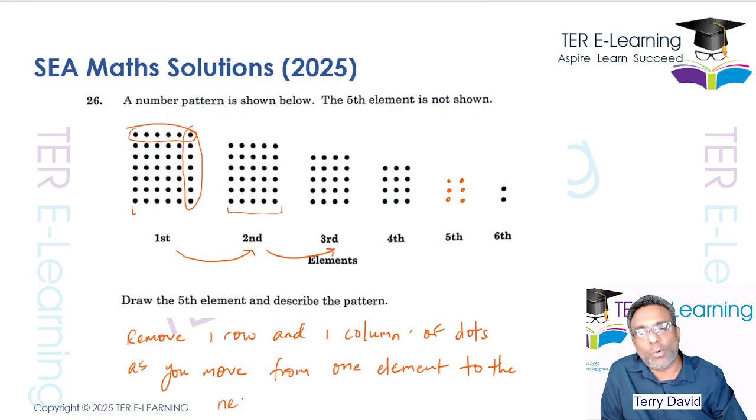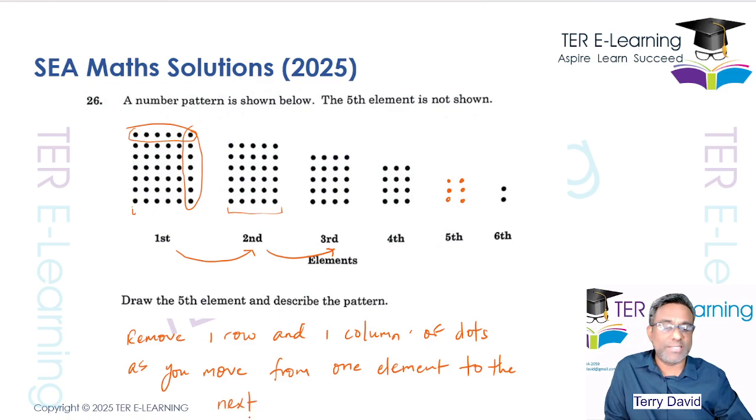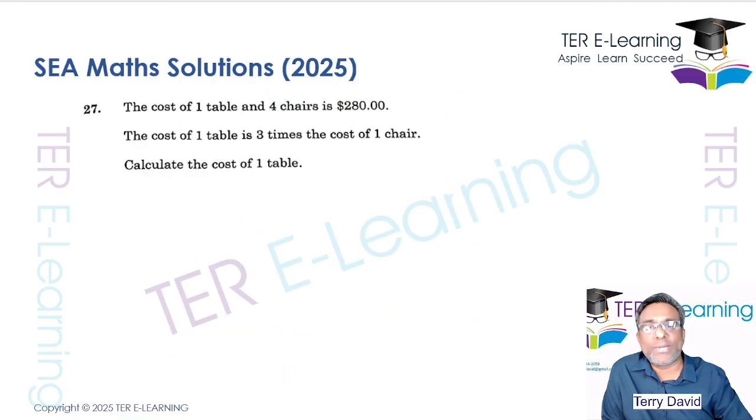That's basically what is happening here. Nothing fancy, just saying exactly what is happening. So 1 row and 1 column. That's what's happening here. Now, question 27.